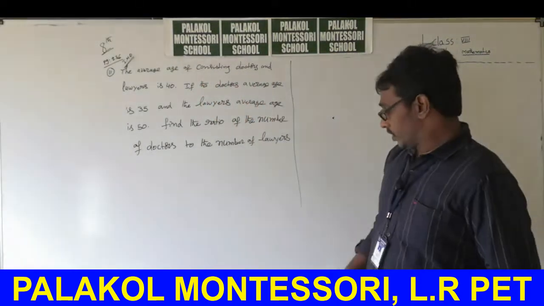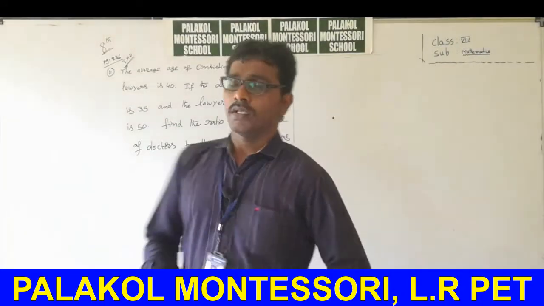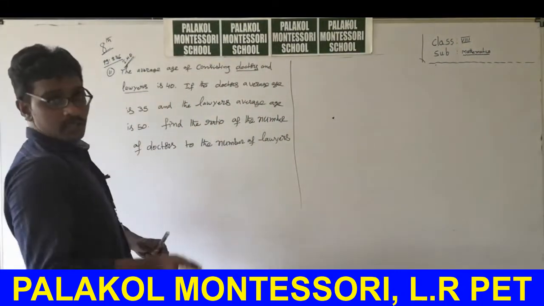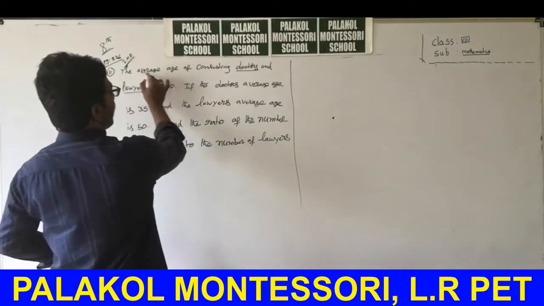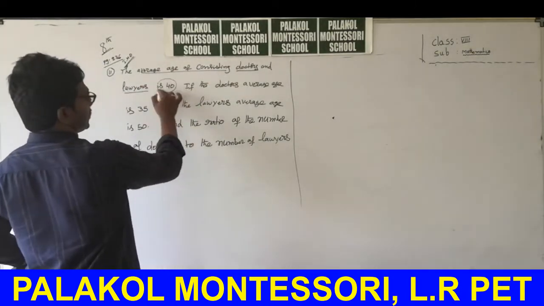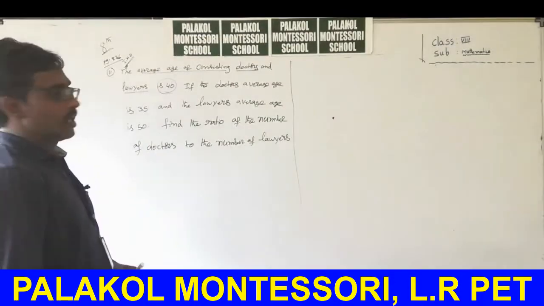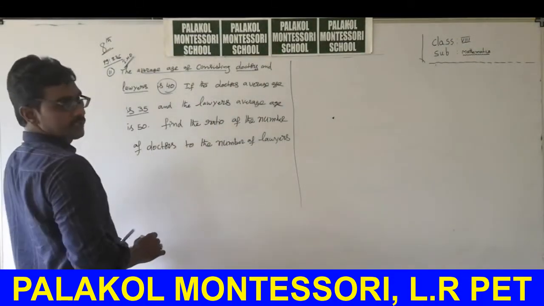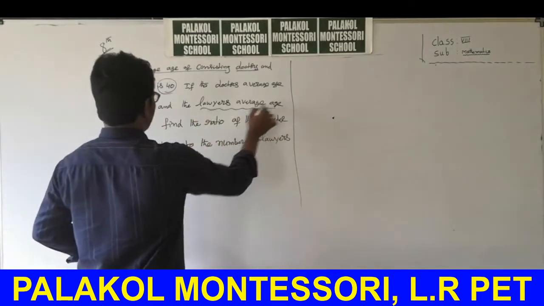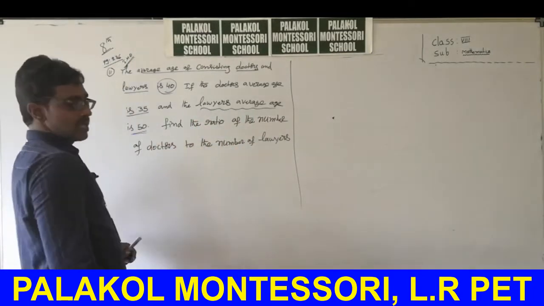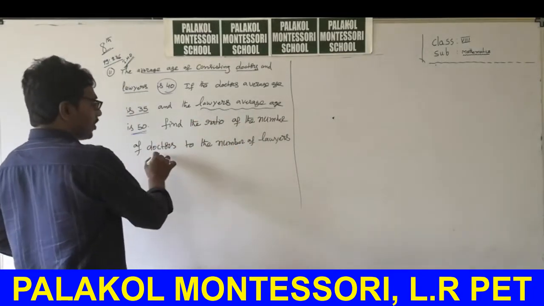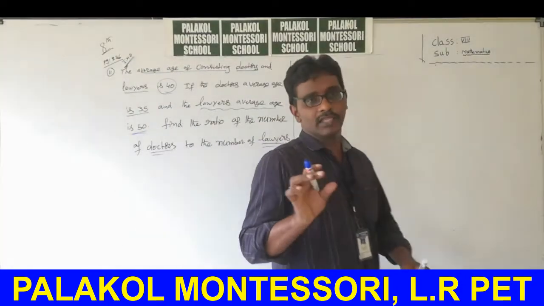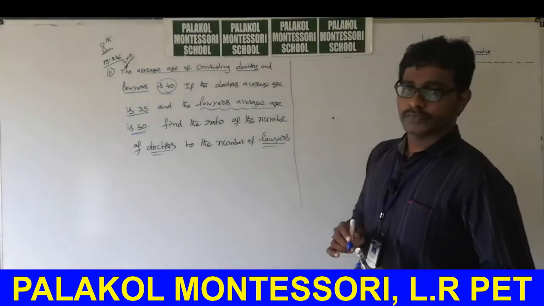In this sum, two groups are there, one is doctors, another one is lawyers. The average of the two together is 40. If the doctors' average age is 35, the lawyers' average age is 50, find the ratio of the number of doctors to the number of lawyers. This is the main theme of this question.